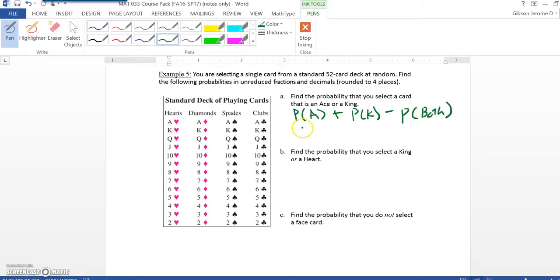Okay, so now the ace, we have 4 out of 52. There are 4 aces. The probability of a king will be 4 out of 52. And then the probability of both, which would be 8 out of 52.